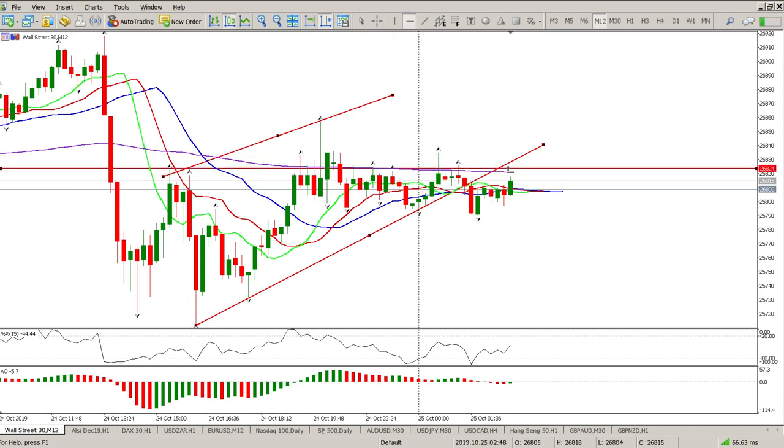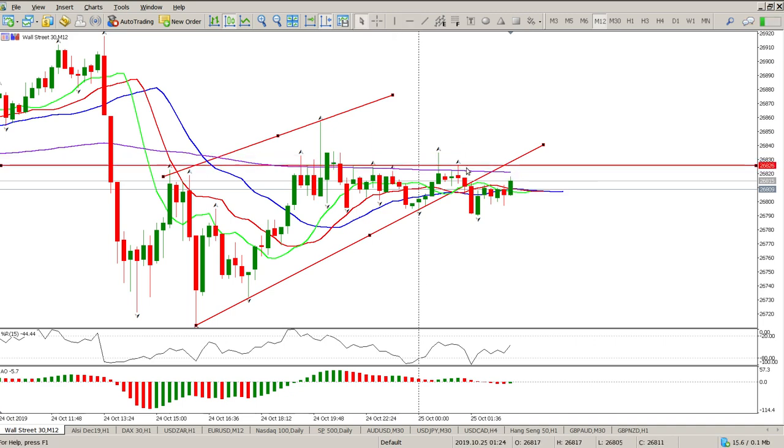So the fractal break is up there. We need to see a break and a close above that level. But I suspect, to be honest, probably 51% gut feel to the downside and 49 to the upside. So not really good odds that I want to trade.